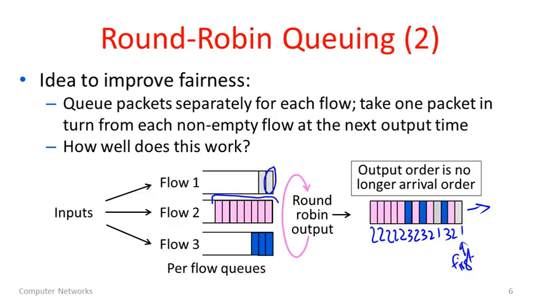This packet at the head of the grey queue isn't going to have to wait for a large number of pink packets to go through. It will get to go through every time around the cycle. It will have an opportunity to send. So it's fairer. These flows which are sending less traffic are now seeing less delay and less loss caused by a flow which is sending a lot of traffic.